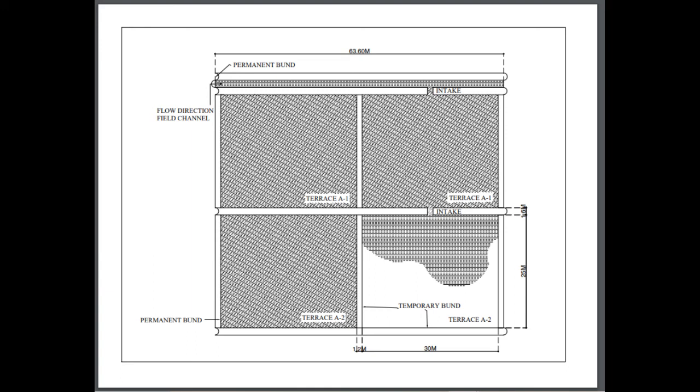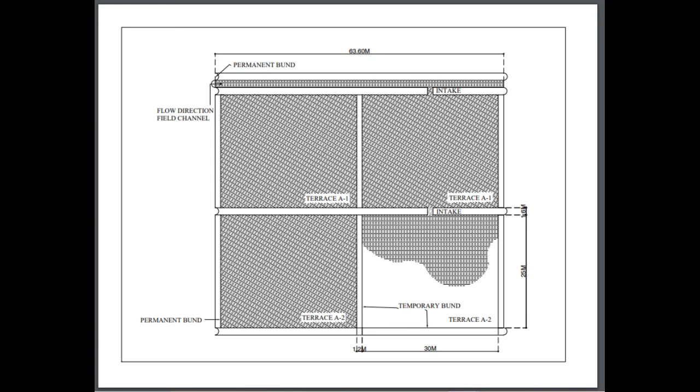So, the shape and dimensions of bands. Bands are small earth embankments which contain irrigation water within basins. They are sometimes called ridges, dikes, or levees. The height of bands is determined by the irrigation depth and the freeboard.